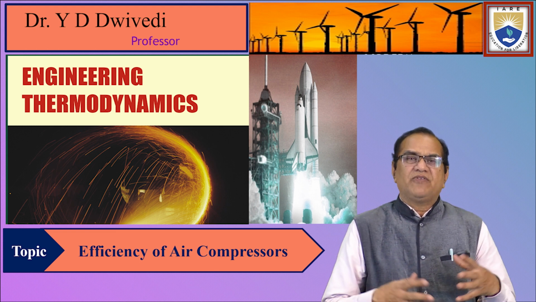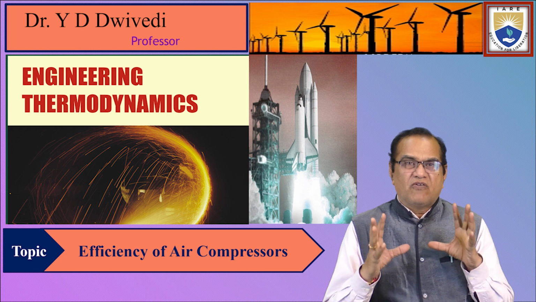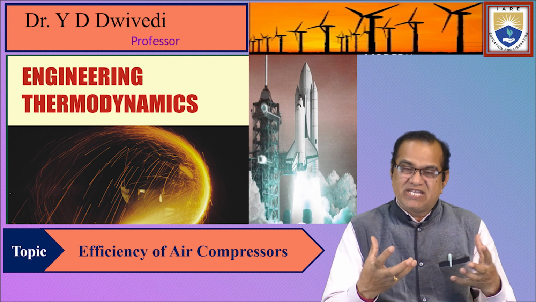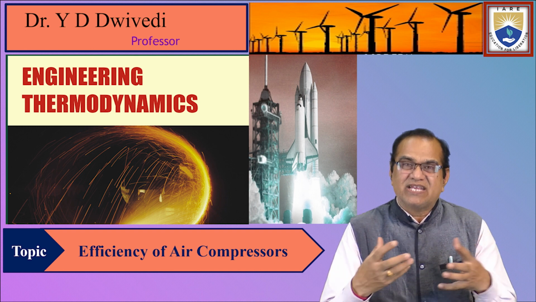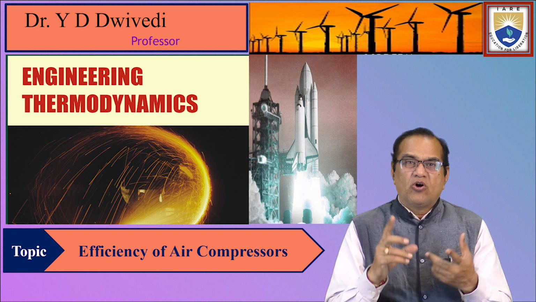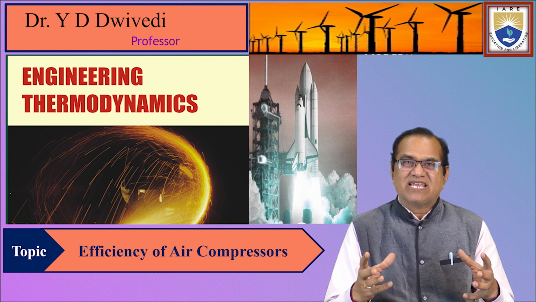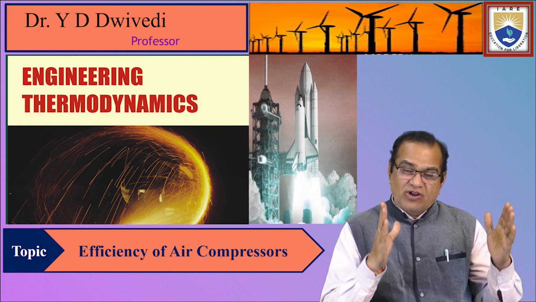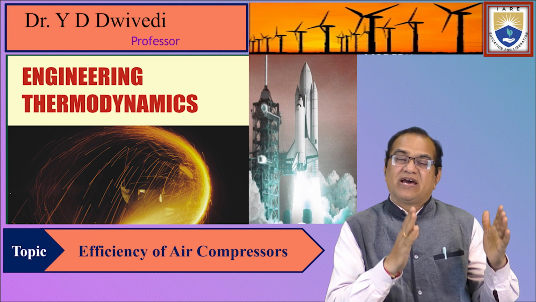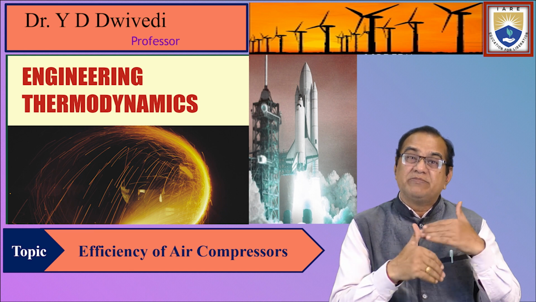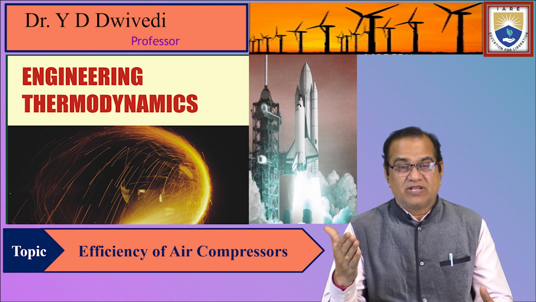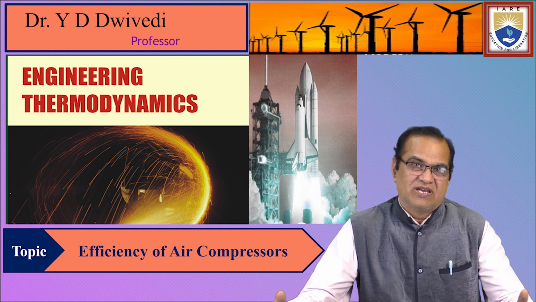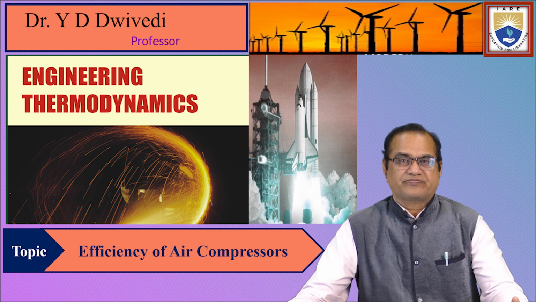In power cycles, we learned 5 cycles. Out of the 5, 4 are power generating or work generating cycles. Those are the Otto cycle, Diesel cycle, Dual cycle, and the Brayton cycle. Out of these 4, 3 are the reciprocating or intermittent type, and the fourth one, the Brayton cycle, is a rotary type continuous power generation system.